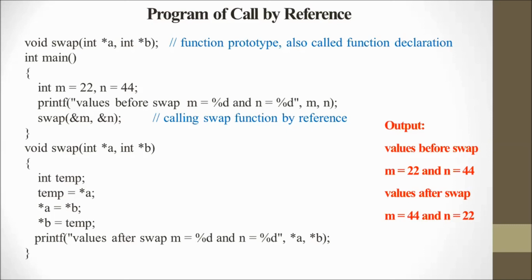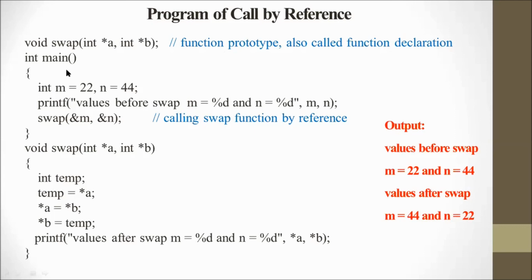So here in call by reference, we use some pointers. So here we should use a pointer. Okay. So here the comment displays the function prototype, also called the function declaration. Here we declare the function.